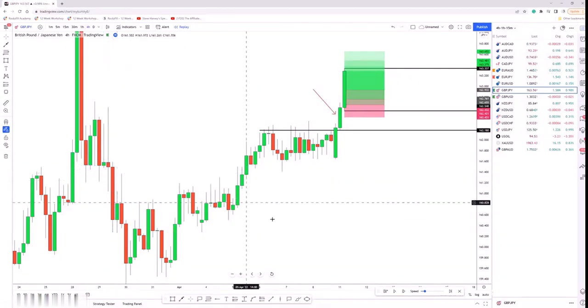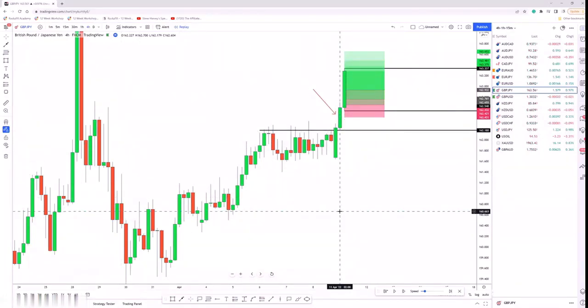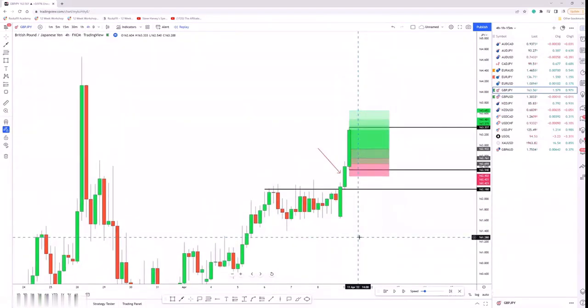All of them, near enough. Every single one of them closes bullish or bearish every single day. When you move forward and start to understand these fundamentals, look how easy trading becomes.